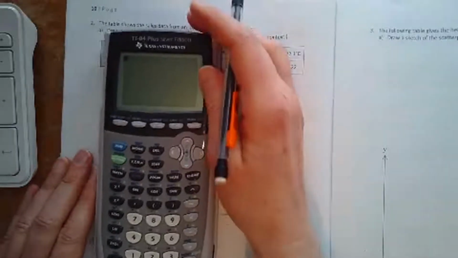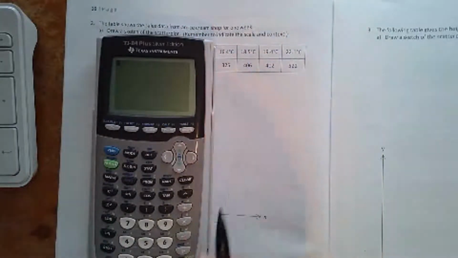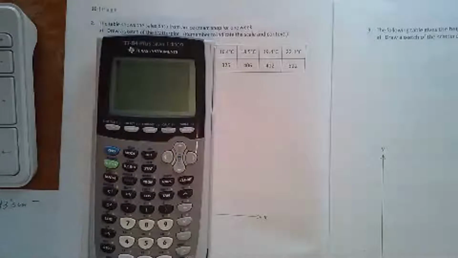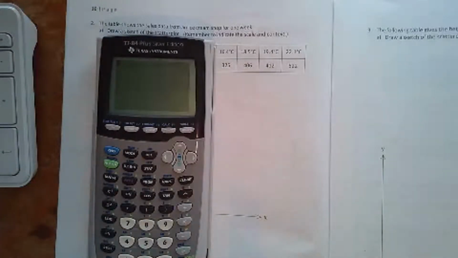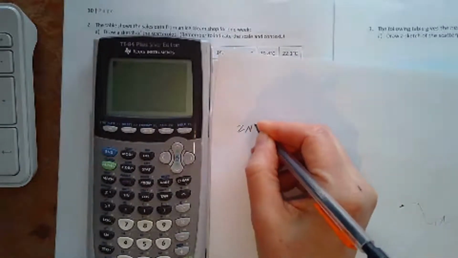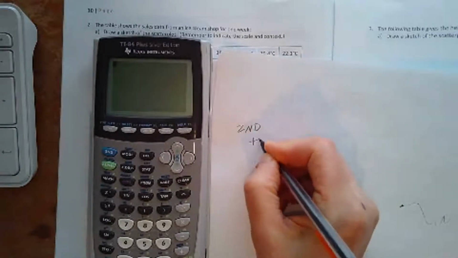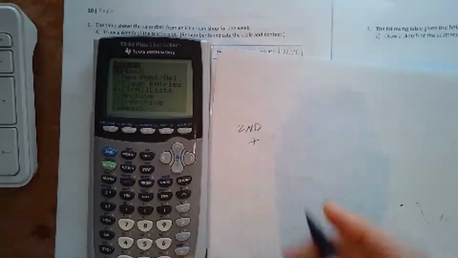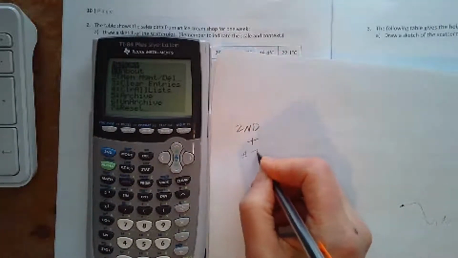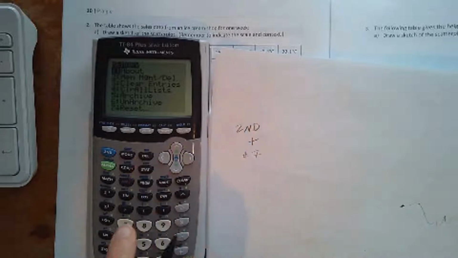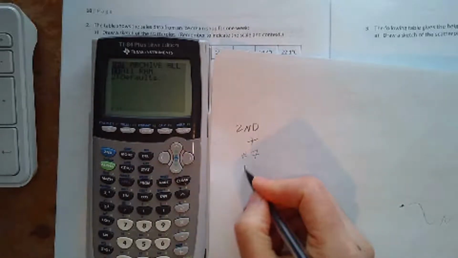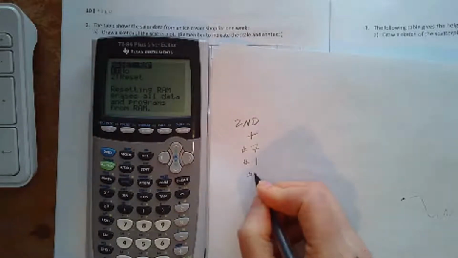Once again, to clear your calculator, you're just going to use these steps again. You go second, and then the plus sign, hit number 7, and then hit number 1, and then hit number 2.